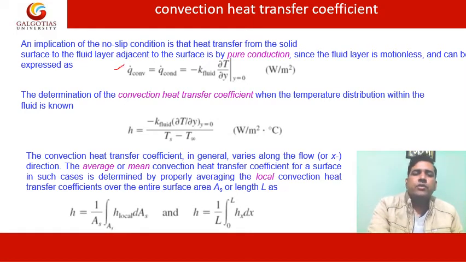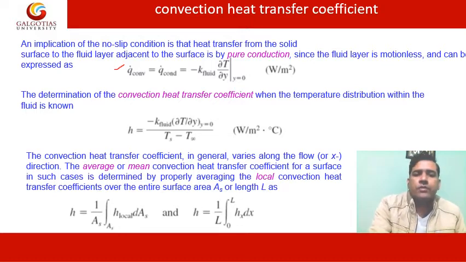Q convection equals q conduction, which is equal to minus k of the fluid times del T over del y at y equal to 0. So this is the heat transfer per unit area, and the mode is conduction, because of the presence of the no slip condition.